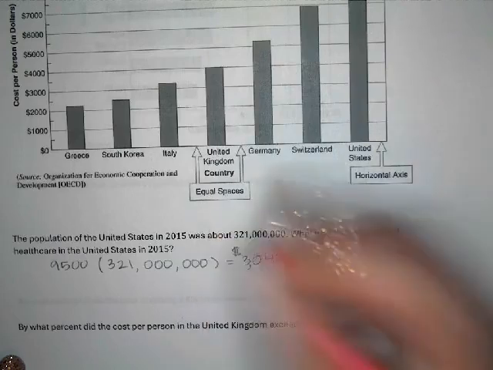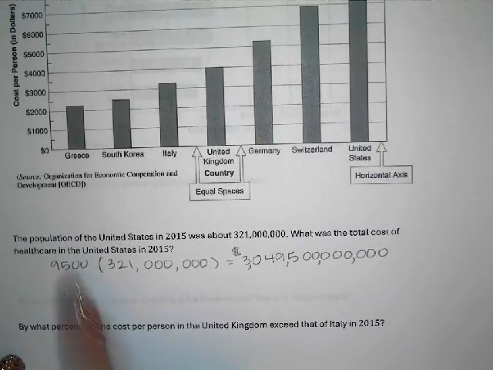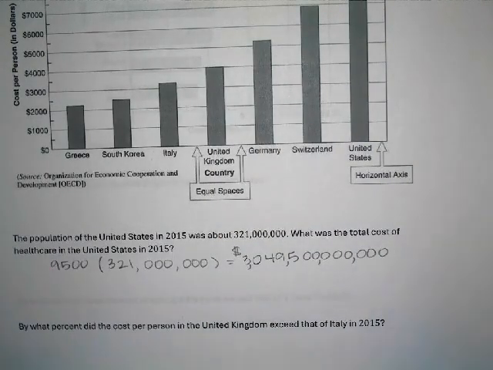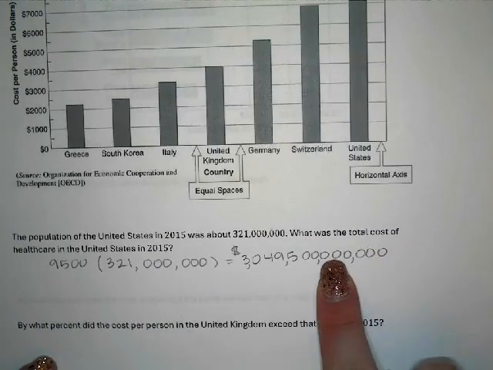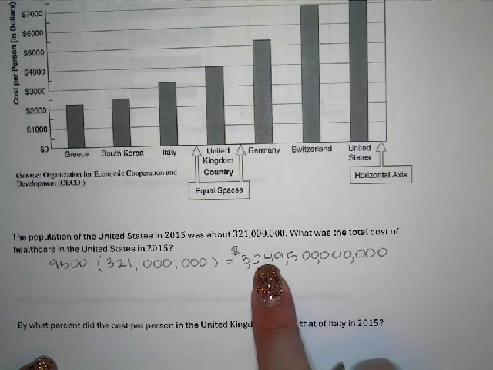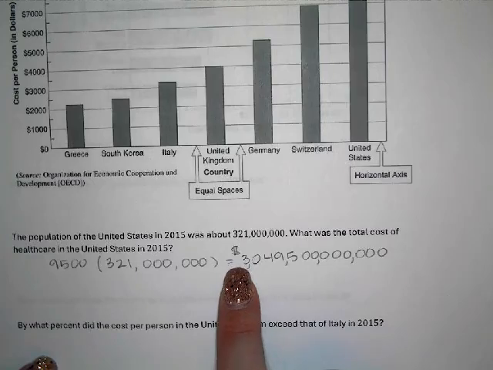And that's how much money it would cost for healthcare in the United States for all of the people. So this is hundreds, thousands, millions, billions, trillions. So a little over 3 trillion.